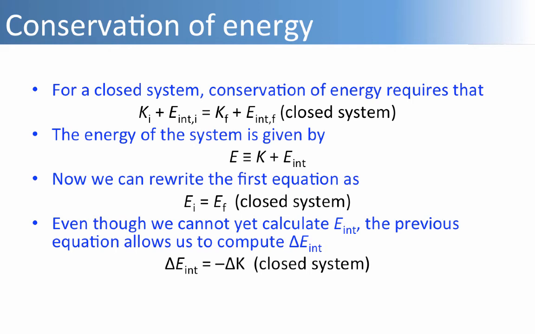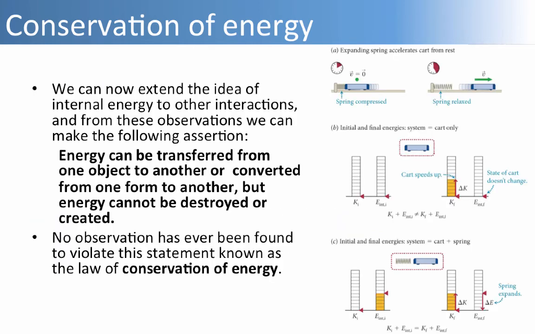We could also make this statement if there's no other changes in energy happening. So this is what we've got. This whole conservation of energy idea is that energy can't be destroyed or created, but it can be transferred from one object to another or converted between different forms.